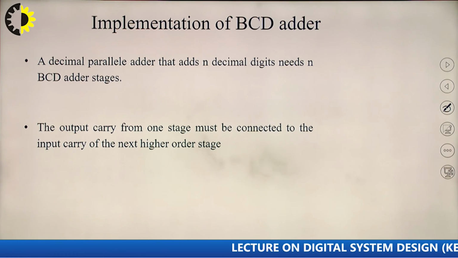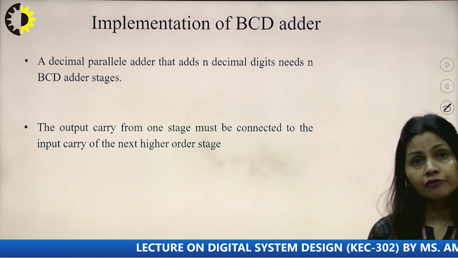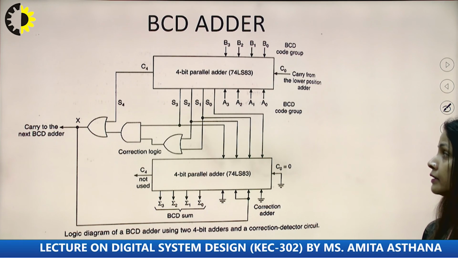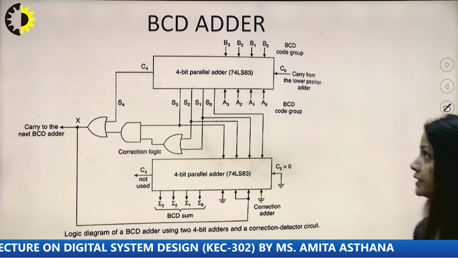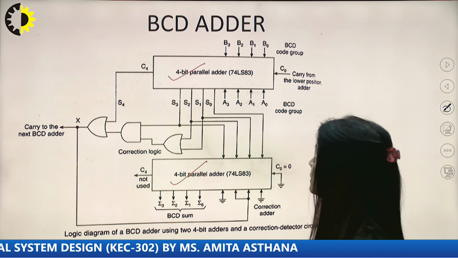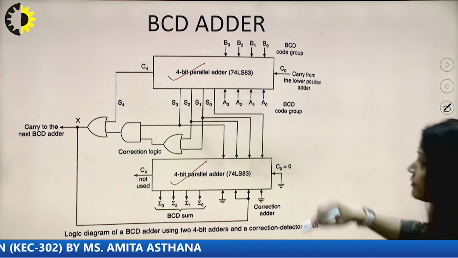The decimal parallel adder we can apply for 4 bits, and here n is equal to 4, and the circuit can be designed as follows. We will need two 4-bit parallel adders here. The ICs are 7483, two ICs we have taken.